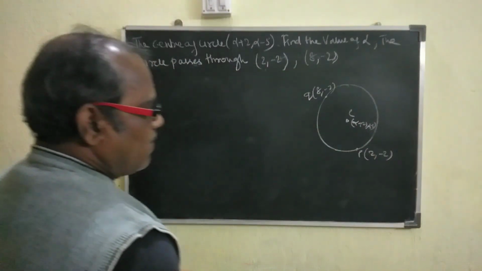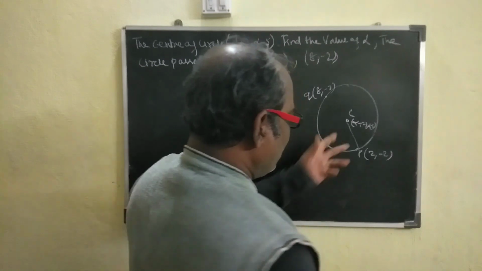To find alpha, if you join this, we get a radius.